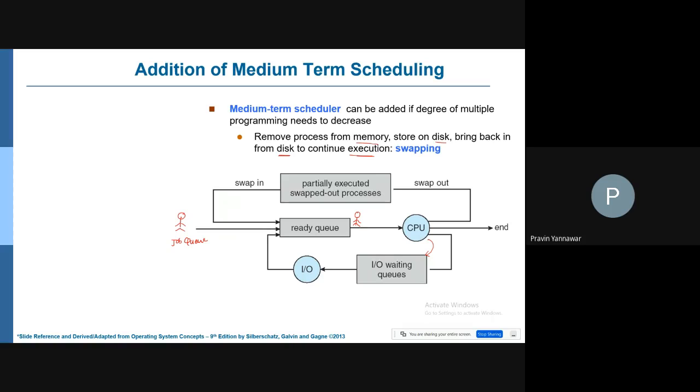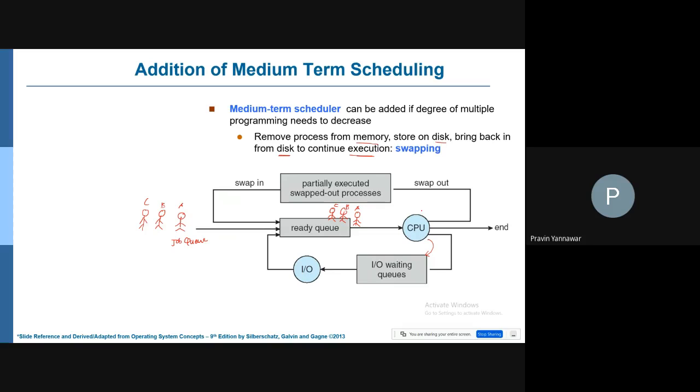Now, say you have 2 or 3 processes here: A, then B, then C. So in the ready queue you have A, B, and C. When A is taking the CPU, then the CPU has to shift to B. In that case, A has to be swapped out.